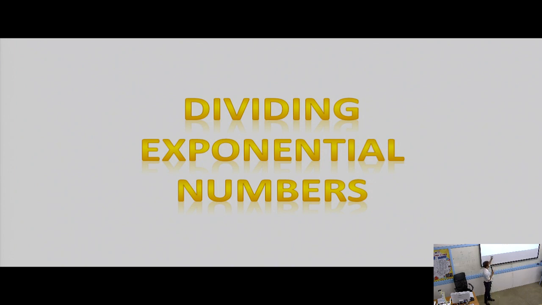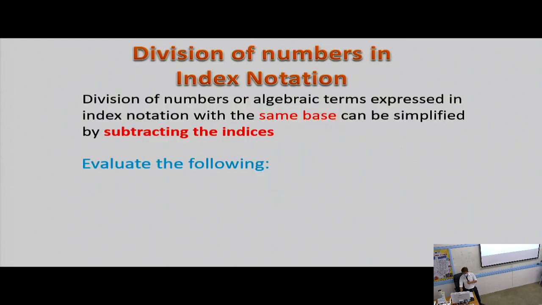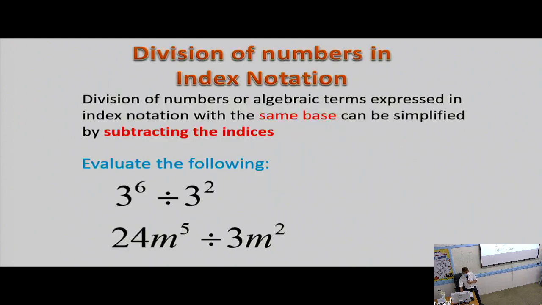The first one would be dividing exponential numbers. In multiplying exponential numbers, we add the exponent. But in dividing exponential numbers, what we're going to do with the exponent is subtract.